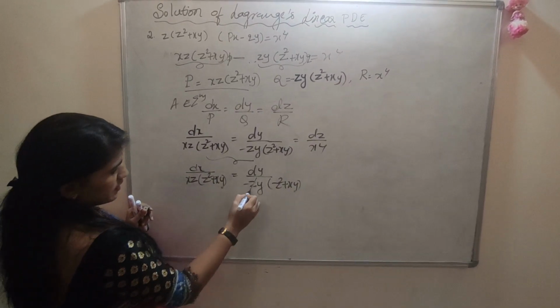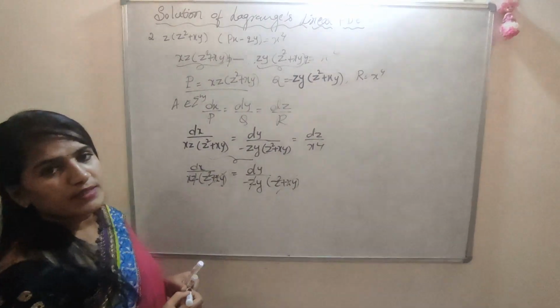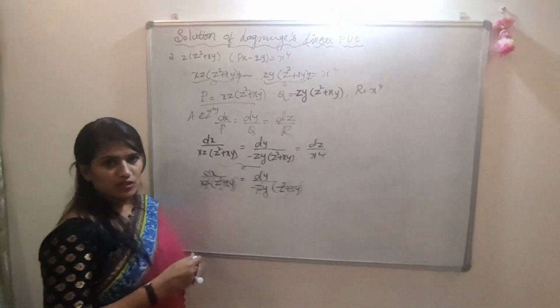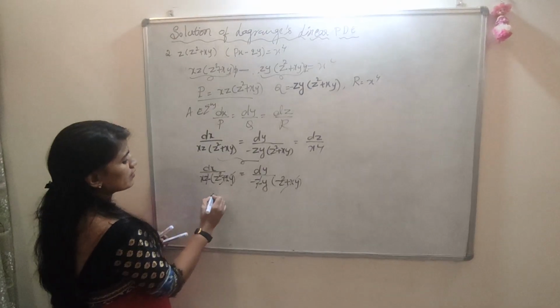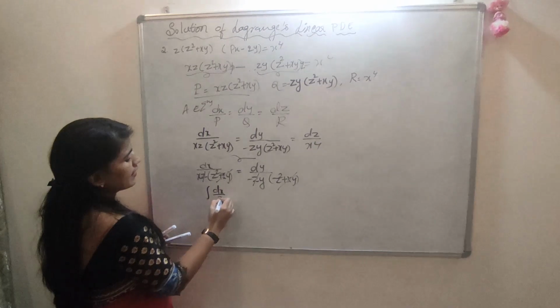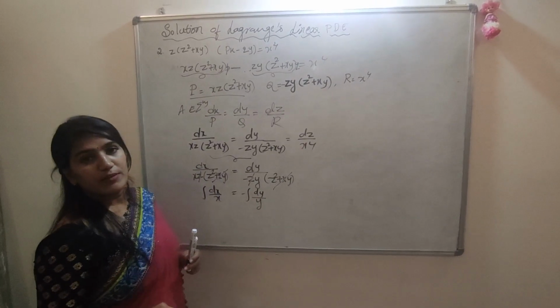Now, you can observe z and z are common, you can cancel in the denominator. Similarly, z square plus xy is a common term in both denominators, so it gets cancelled. So, you are having now integration of dx by x is equal to integration of minus dy by y.